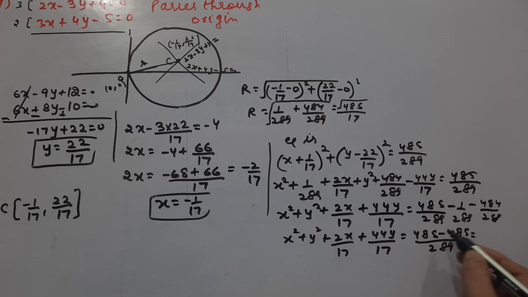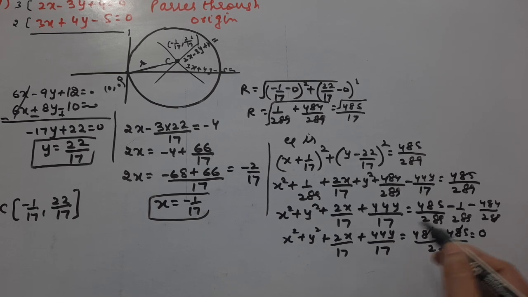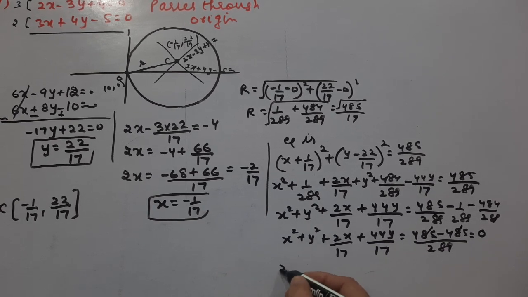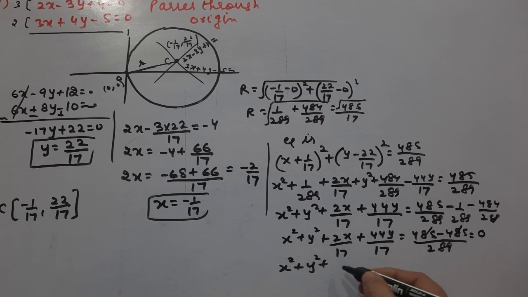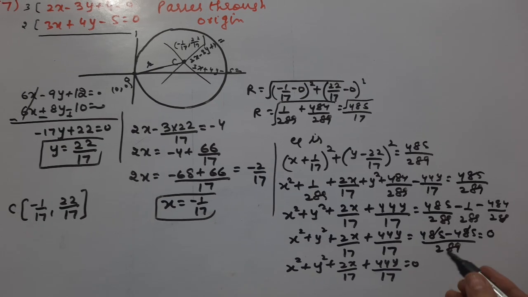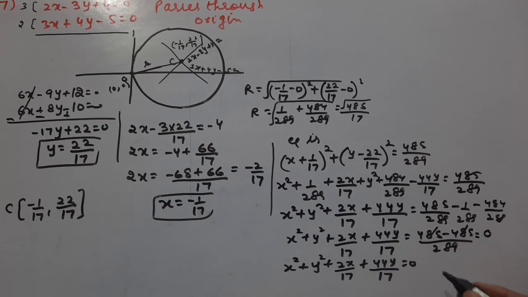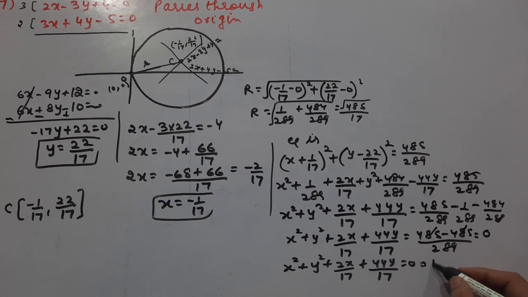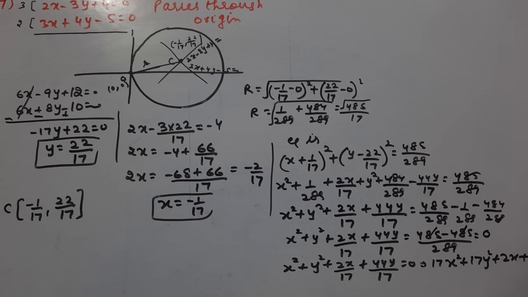So these get cancelled, we get 0 over here. So our final answer will be x square plus y square plus 2x upon 17 plus 44y upon 17 equal to 0. And if we want to take the LCM, we can take the LCM. So we get 17x square plus 17y square plus 2x plus 44y equal to 0.